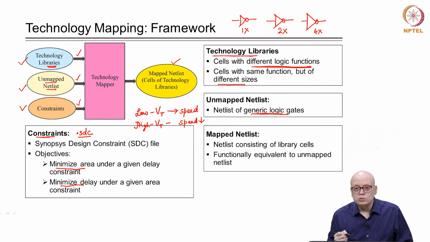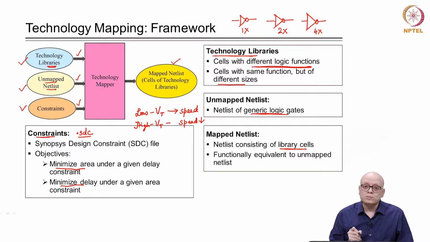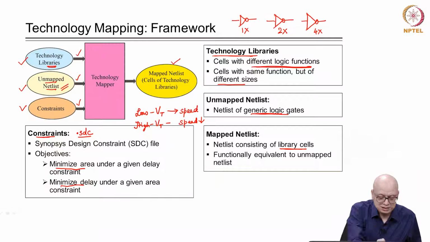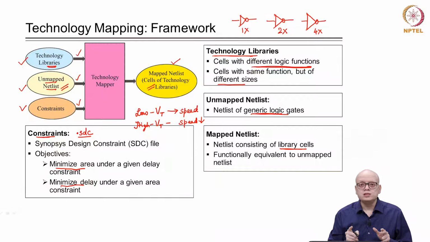So, given all these inputs, what does a mapper do? A mapper produces a netlist consisting of library cells, and while producing this netlist, the most important thing that the mapper should ensure is that the unmapped netlist and the mapped netlist must be functionally equivalent, right. So, the functional equivalence must be preserved.